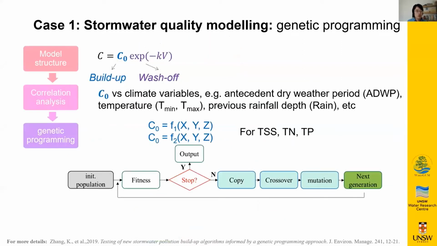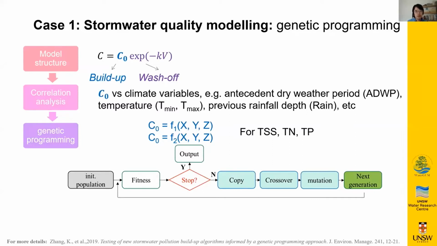Our aim was to improve the model performance, because urban stormwater treatment models have been around for about 50 years, and they perform okay, but not to the extent that we were hoping for, because of the complicated processes.